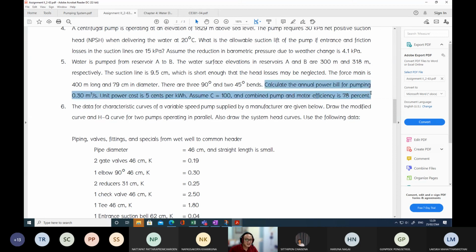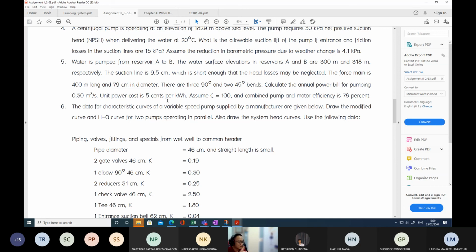So sometimes you have to determine the annual power bill. Here it gives a kilowatt-hour, okay? Kilowatt is the power. So for question number 5, first, you have to find out the power.